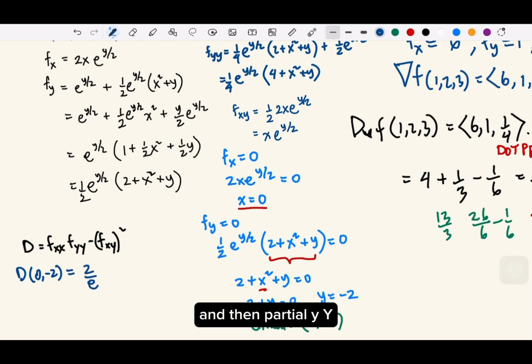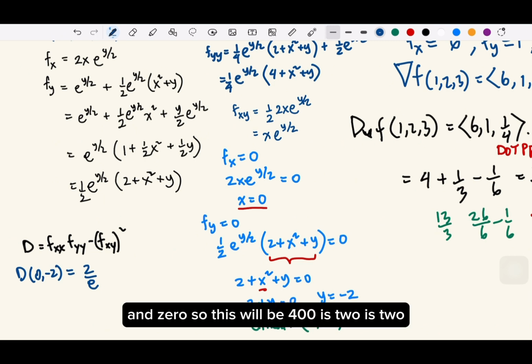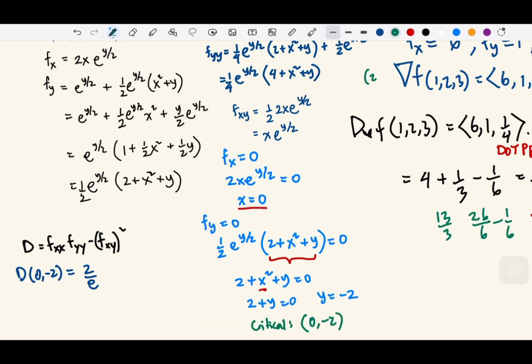And then partial yy, so -2 and 0, so this will be 4, -2 is 2. Let me write here 2.